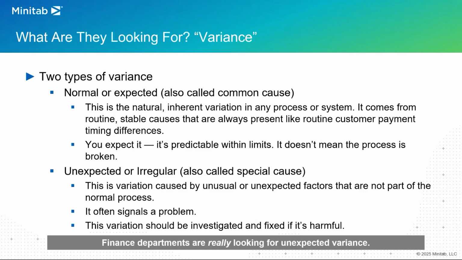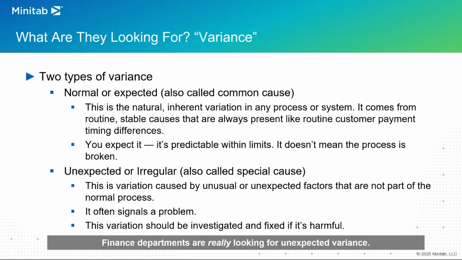Unexpected or irregular variance, also called special cause, is really the variance we're looking for when we chart DSOs and AR turnover. It's that something has changed. If you pay your credit card on the 14th, 15th, or 16th of the month, and then you start paying it on the 30th, it might imply something's changed, like you're not making enough money, so you have to save more before you can pay your credit card bill.